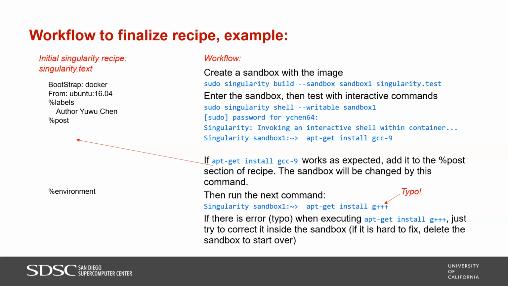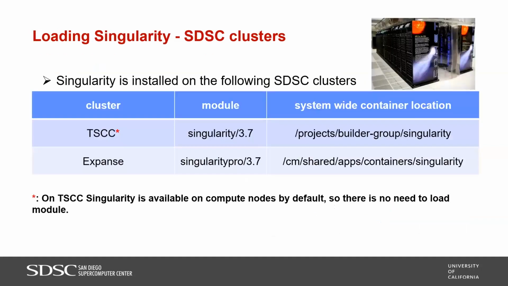So we have several examples like that, and on Expanse there's a location where we save those Singularity containers and examples.